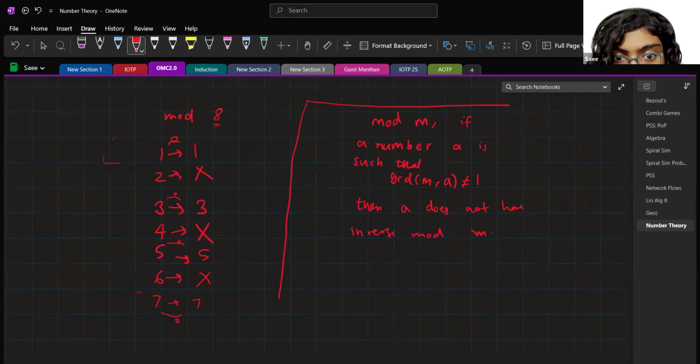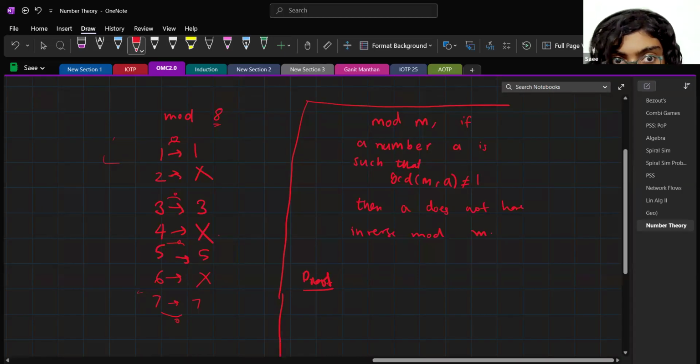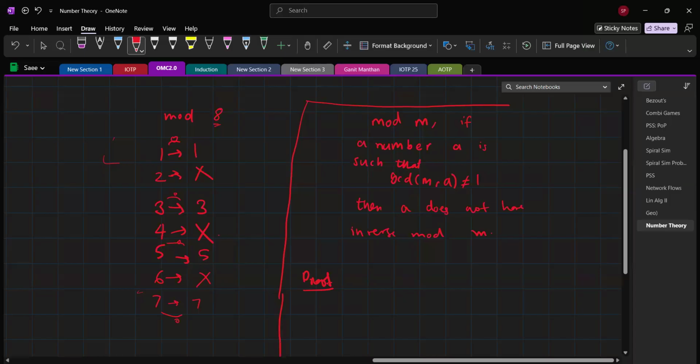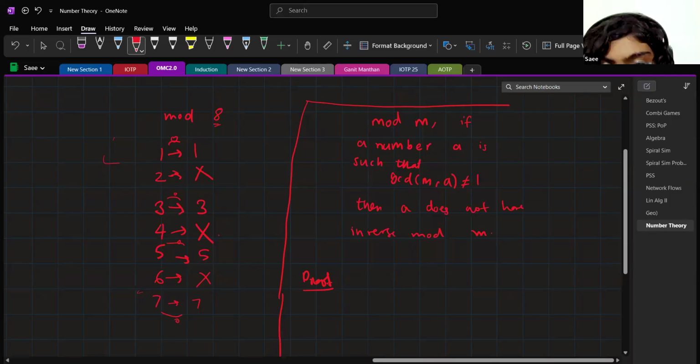How do we want to quickly, in 2 minutes, just do the proof for the sake of doing it? Can we have a equal to Dx and m equal to Dy? Right. So the first step is that we know GCD of m and a is not equal to 1. Let's call the GCD of m and a as d.